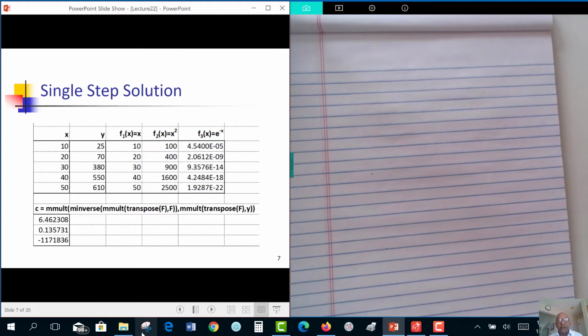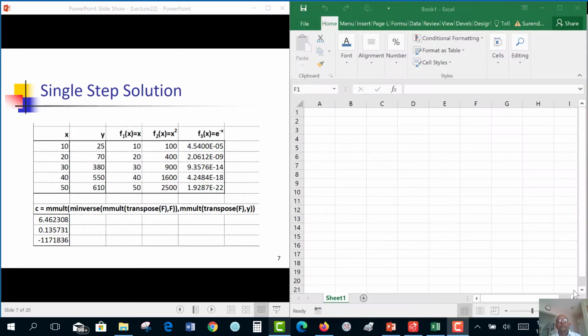So I'm going to fire up my Excel. So I've got a blank worksheet, and for the time being, I'm not going to spend the time talking about formatting and all that. So let's see, we have X, we have Y, we have 3 functions, F1, F2, and F3.